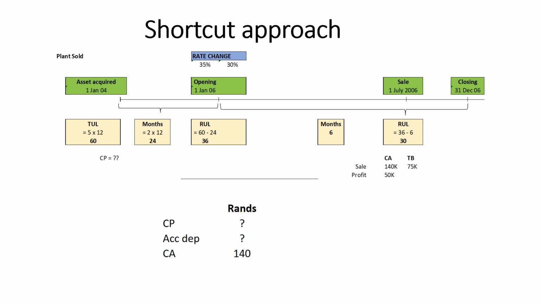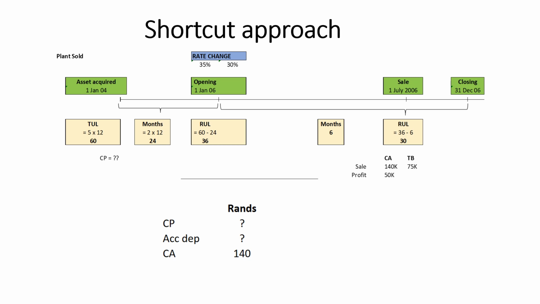With the shortcut approach, you can simply get the cost and accumulated depreciation using the parts approach or using ratio and proportions. In order to do this correctly, you need to correctly identify how many parts represent the cost?